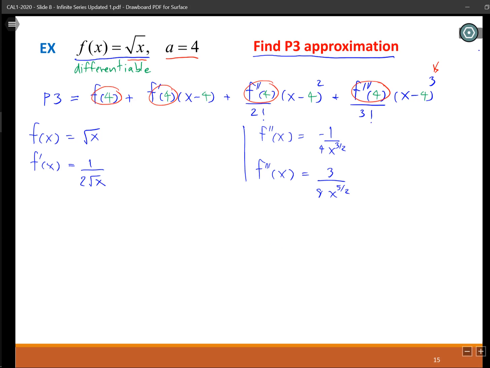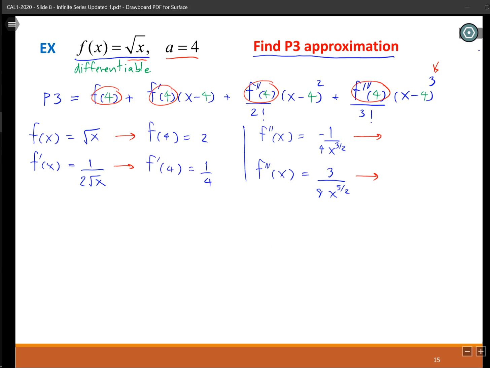So let's find them. When x is equal to 4, here we have f at 4 would be equal to 2. All right, let's just put 4 in. Now f prime at 4 would be equal to 1 over 4.